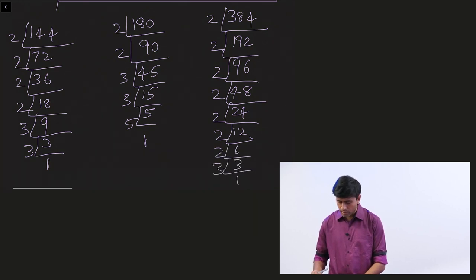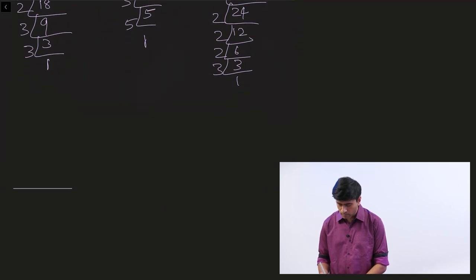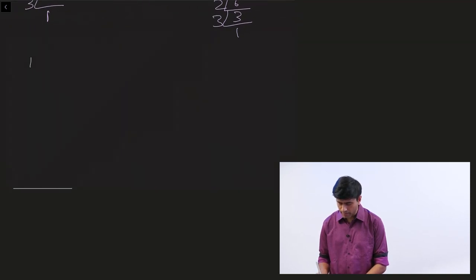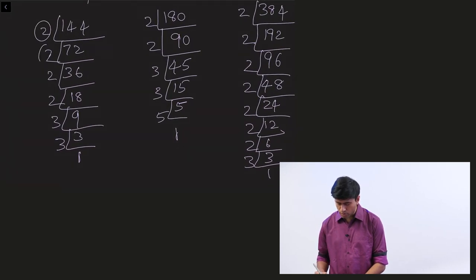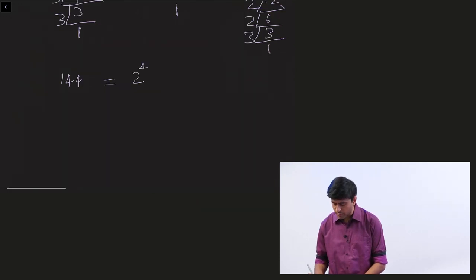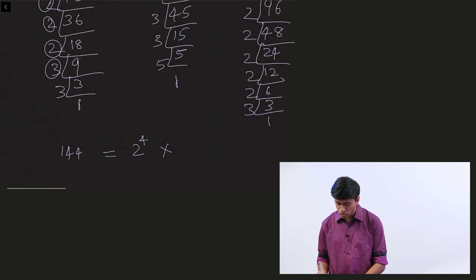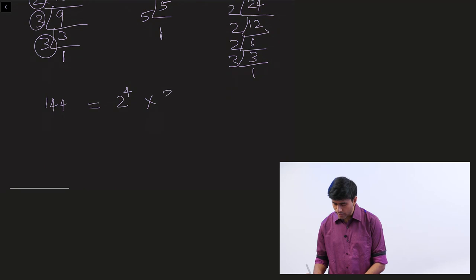There you go. Now I'm going to list down all the prime factors. 144 has how many 2s? 1 2 3 4 2s. So I write it as 2 to the power of 4. You remember the exponential form. And then it has 2 3s, 3 square or 3 to the power of 2, and 1.